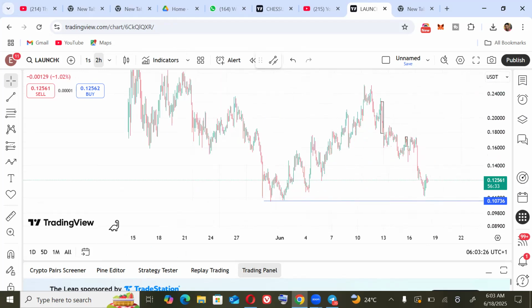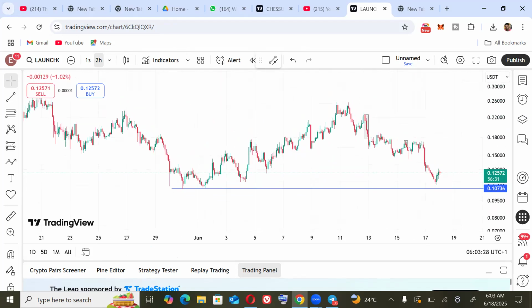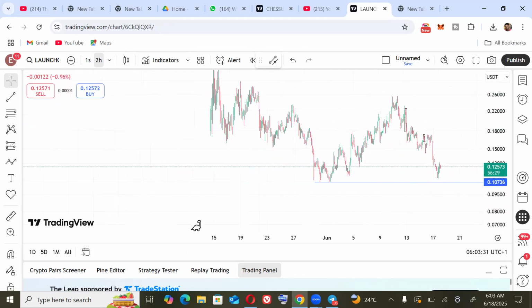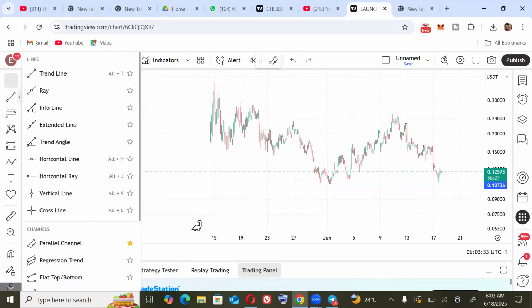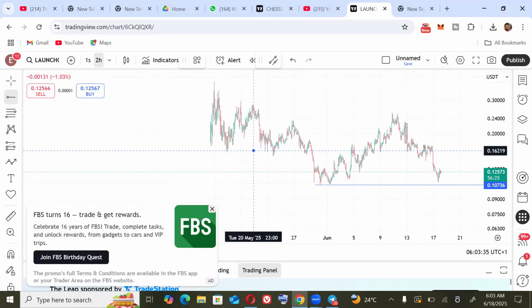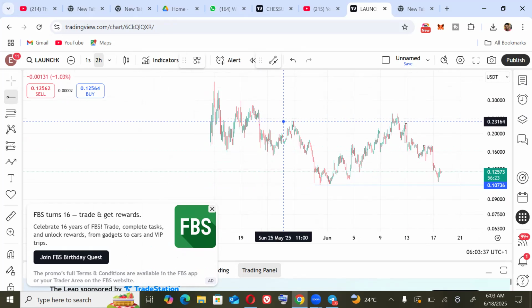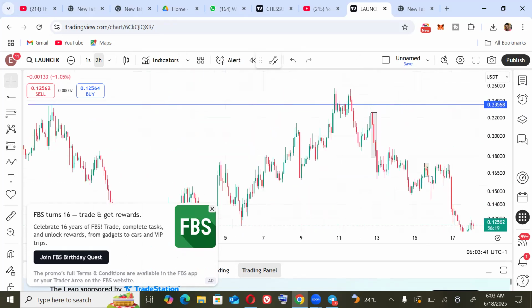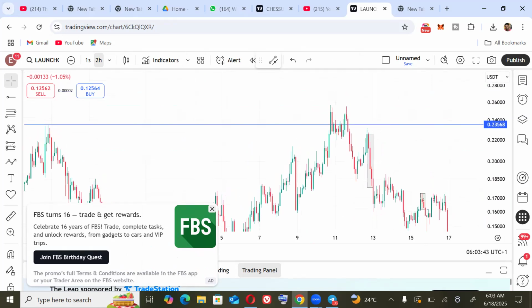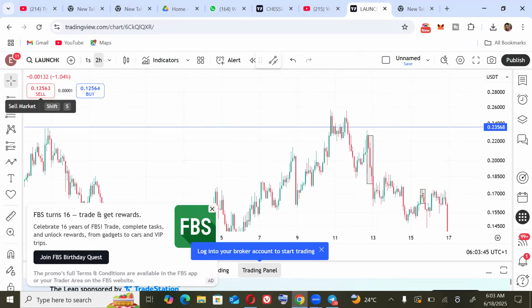Can you see this big rally? Look at the sweep of liquidity. Now, when this sweep happened, can you see that we had a failed structure here?